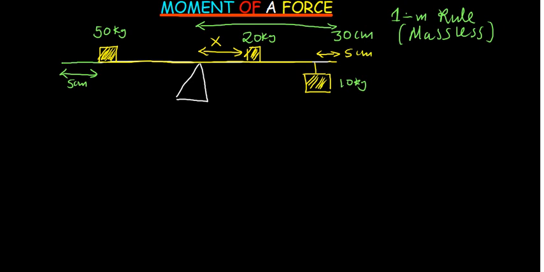Now the question is, find x. So that's the question. We want to find x. So how are we able to find that? And then we're going to add another one, find the clockwise moment.